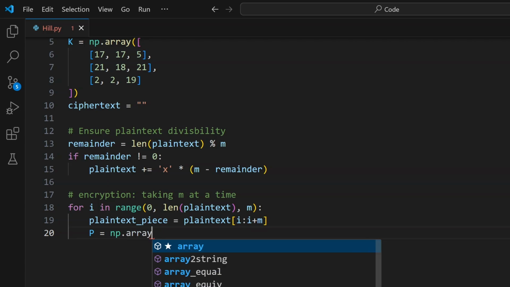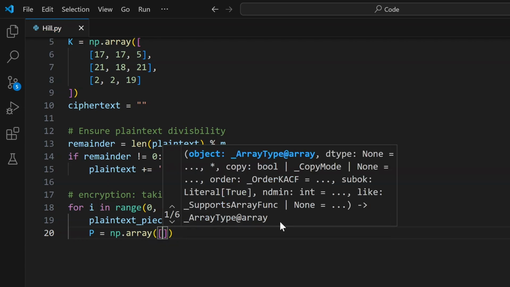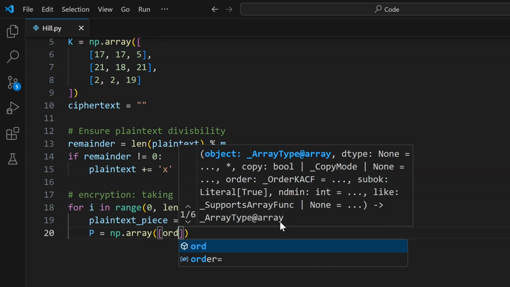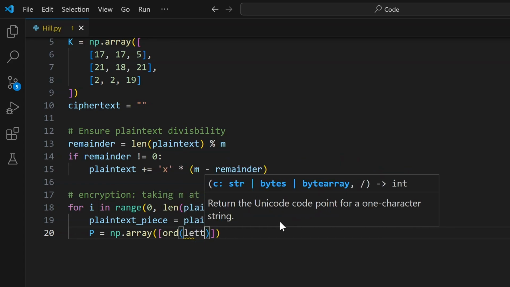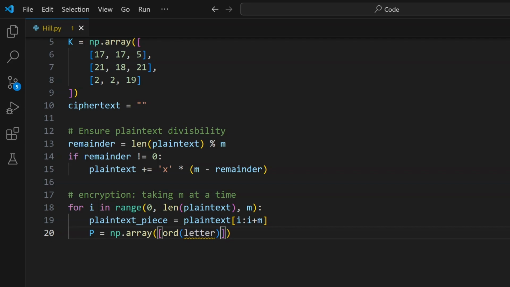So we have a row of numbers, and we're going to print the row just so we are sure of what we're doing here. And this row has each letter converted into a number minus 97. So remember that a is 97.